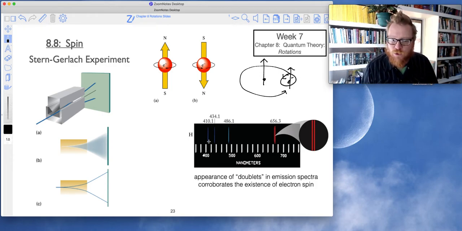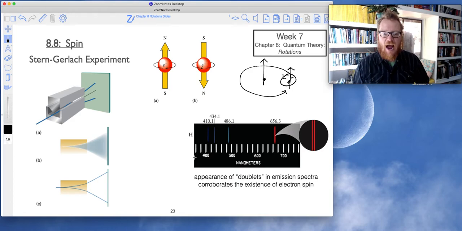And as a result, what's really cool about this, if you look at the hydrogen atomic emission spectrum, you have to have a very, very precise spectrometer to do this. But if you were to zoom way into the red line at 656.3 nanometers, you would actually see that it's a doublet.